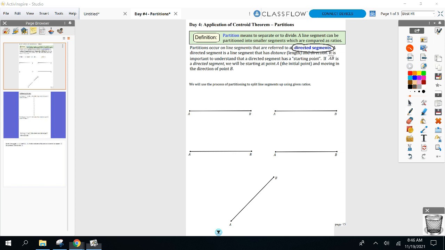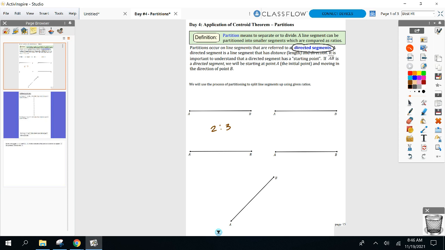So I just want to hop right in here with some different examples. Let's get my notes here real quick. All right, I want to break this AB in a ratio of 2 to 3. Yesterday we had 2 to 1 for the median, right? Break it up into 2 to 3.